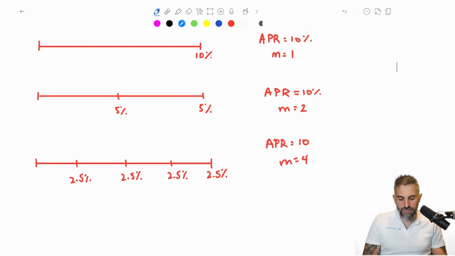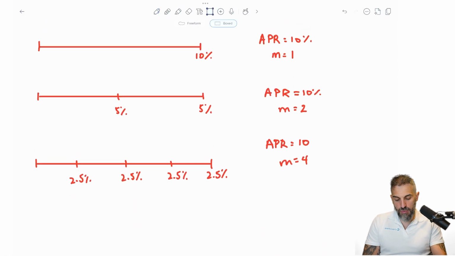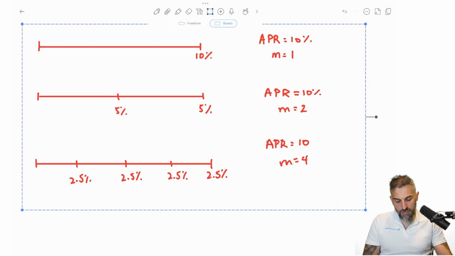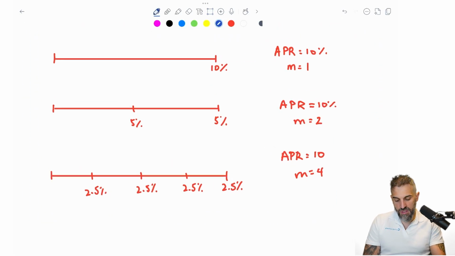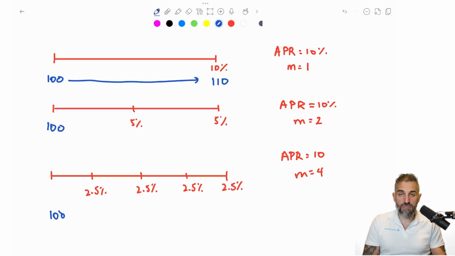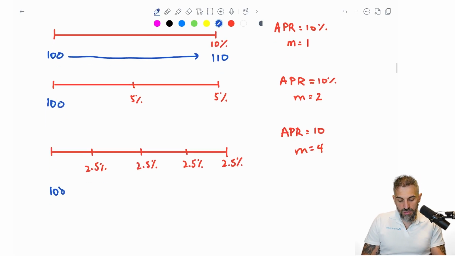So if we look at just these 3 examples, let's start with a basic thing. Let's start with $100 in each of these accounts. Well, this one, after 1 year, will have 110 because 10% of 100 is $10. This one does it in 2 steps.